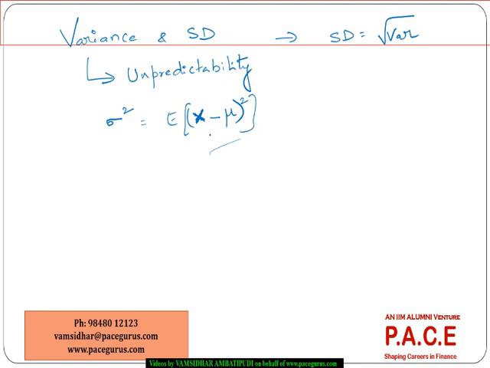So the expected value of the squared difference between the variable and the mean is what we call the variance of the random variable, and the standard deviation is simply denoted by sigma, which is just the square root of the variance. So we always compute the variance, and from there we compute the square root. Obviously we take only the positive term. And in the finance world, this standard deviation is what is typically called volatility.